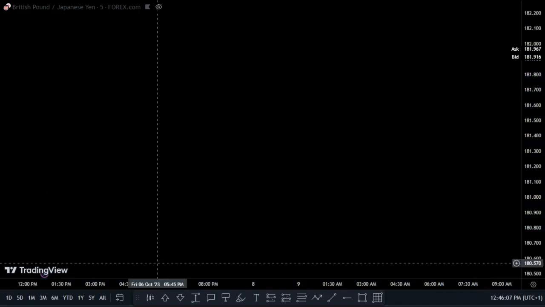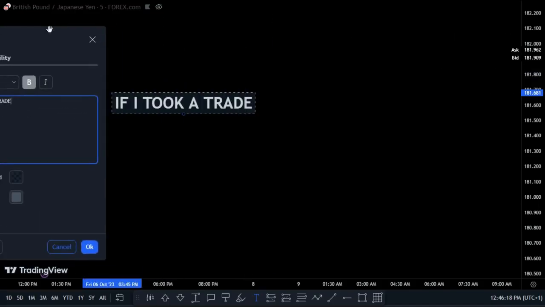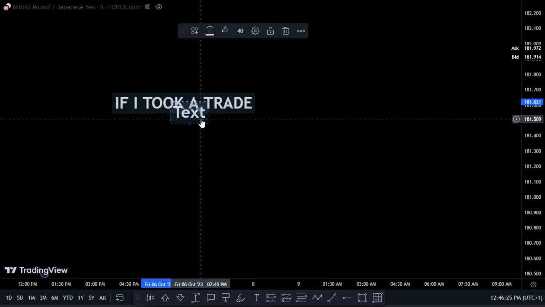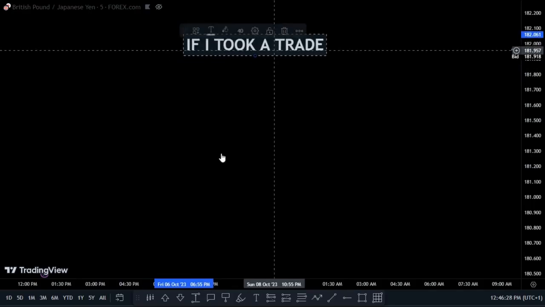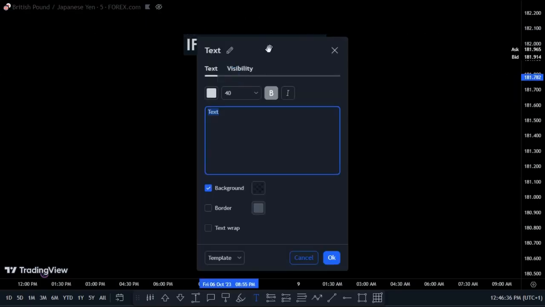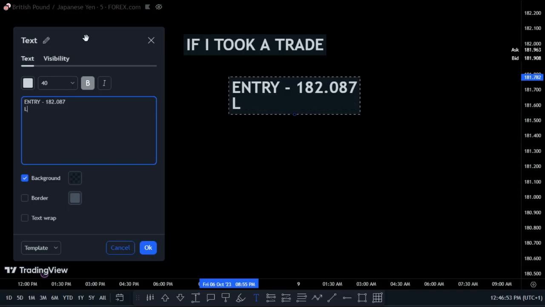if I took a trade, sorry about that. So if I took a trade and the parameters for the trade turn out to be entry 182.087, my stop loss, or should I say the amount of pips I'm ready to lose, is 189.